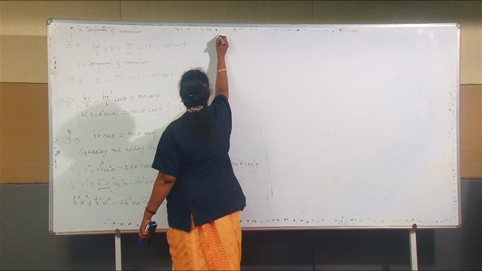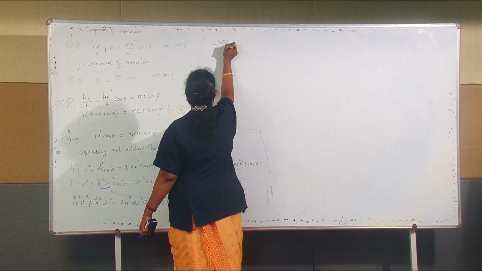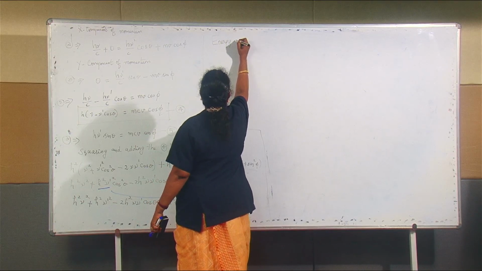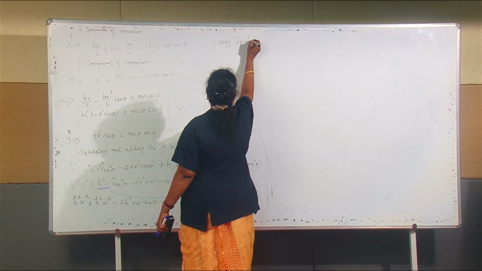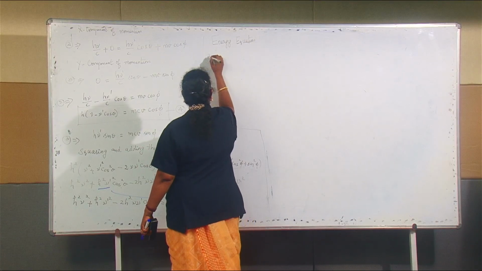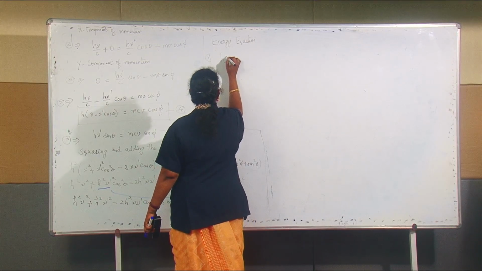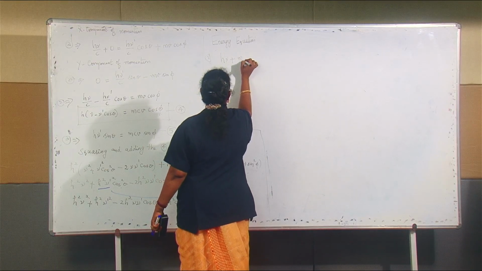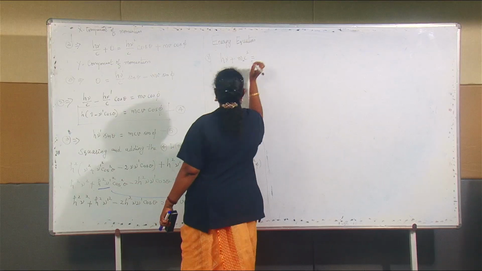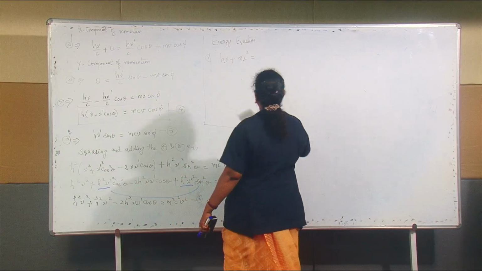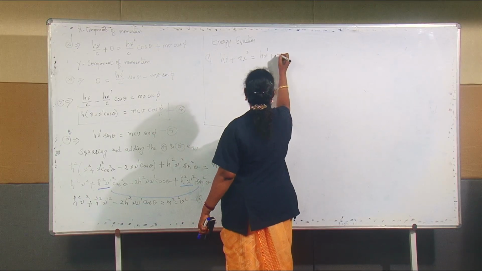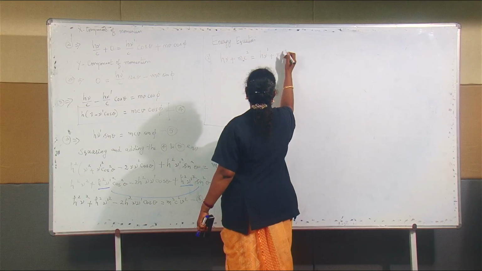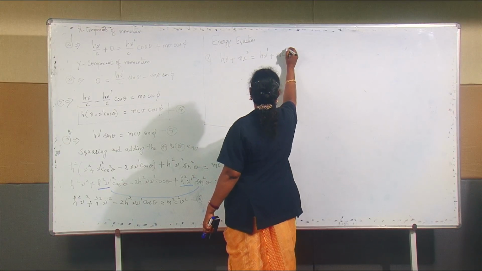Equation number 1, which is nothing but hν plus m naught c squared is equal to hν' plus m c squared. This is the first equation.